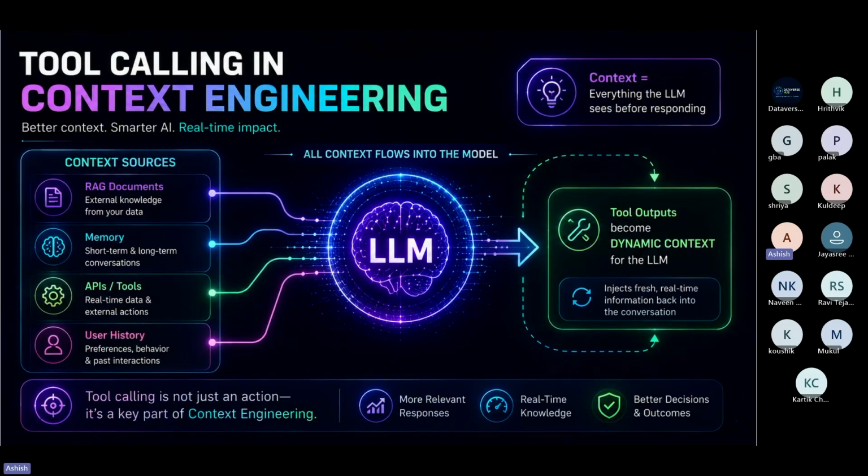Now let's discuss tool calling in terms of context engineering. I told you in the session where we discussed context engineering that it is a huge division, and everything we learn after that will, directly or indirectly, be part of it. For example, RAG is also part of context engineering, and so are techniques like memory, API, and tools. And how are API and tools part of context engineering?